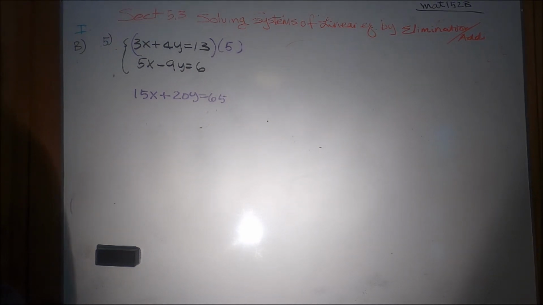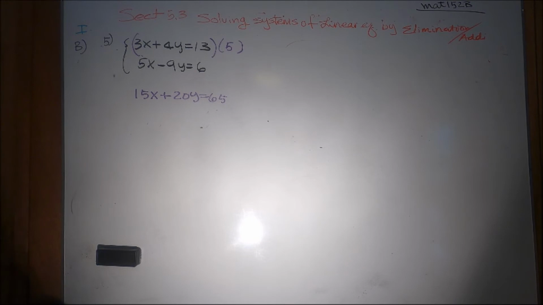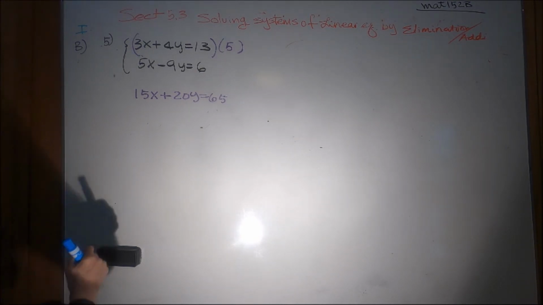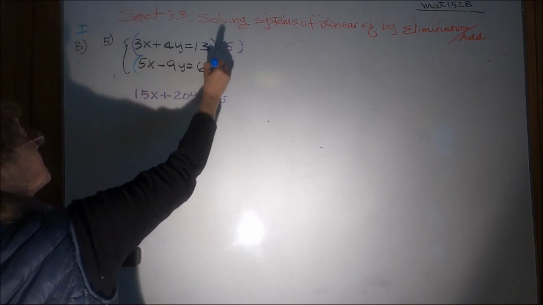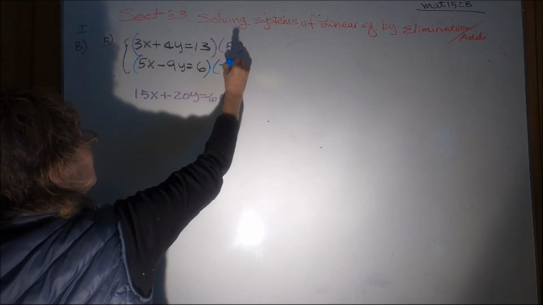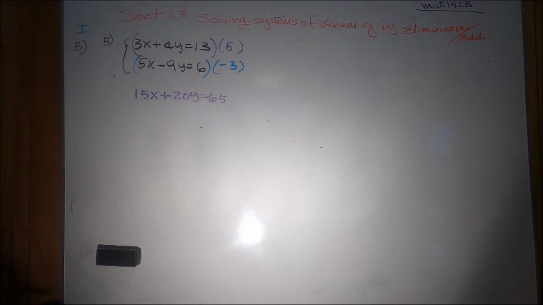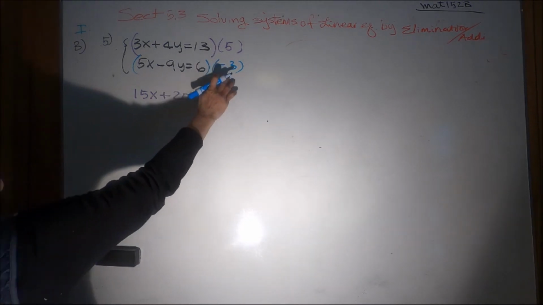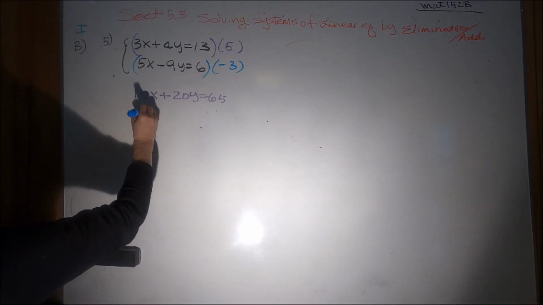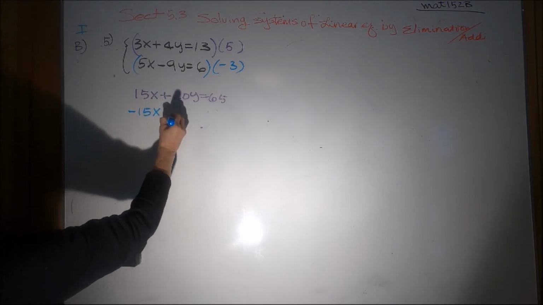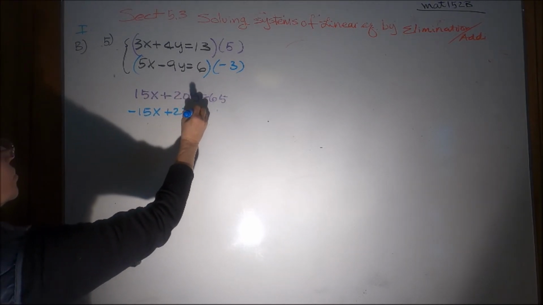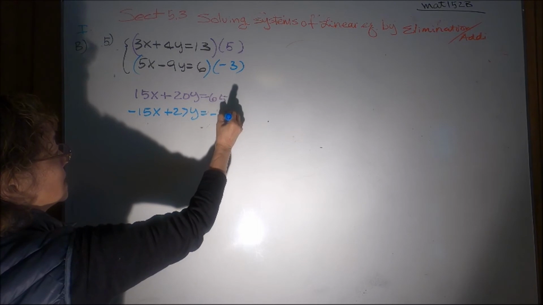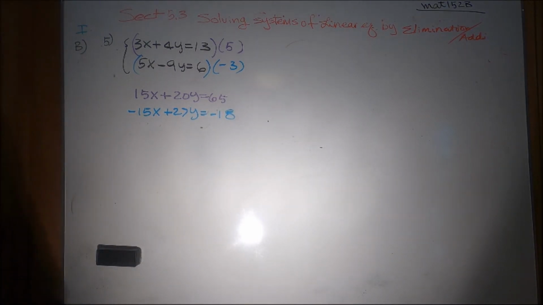Then for the second one, you want to make a 15, but with opposite sign. So to make a 15 with opposite sign, I need to multiply by what? Negative number, negative 3. So if I multiply it, it will be negative 15x plus 27y equals what? Negative 18. Right?